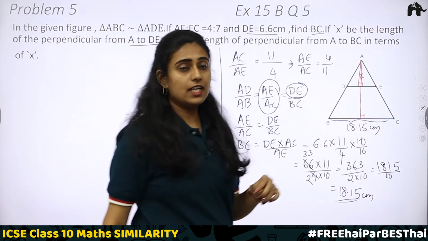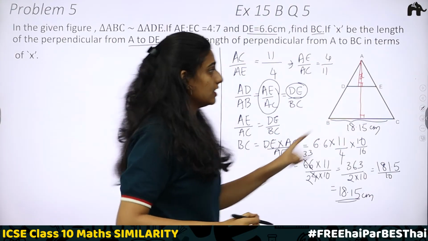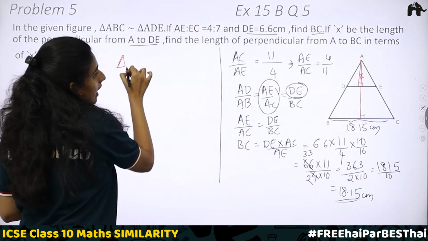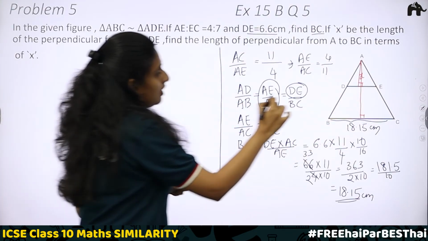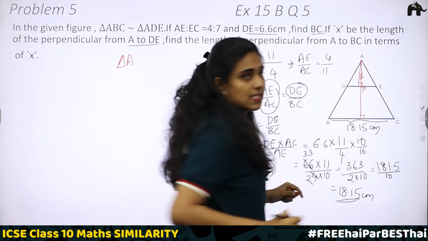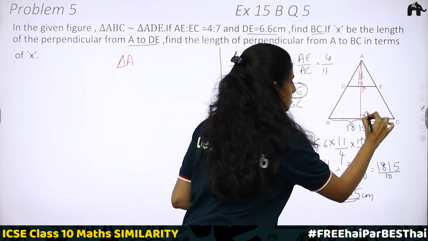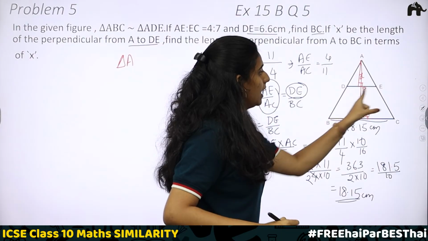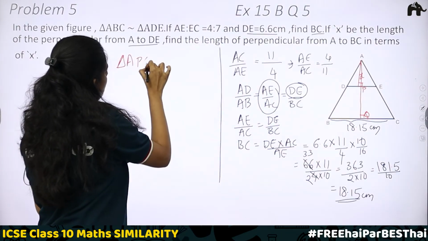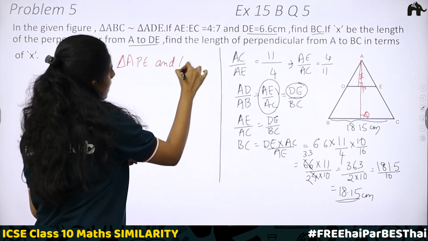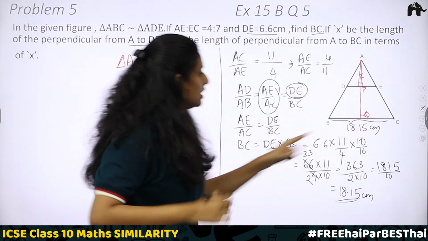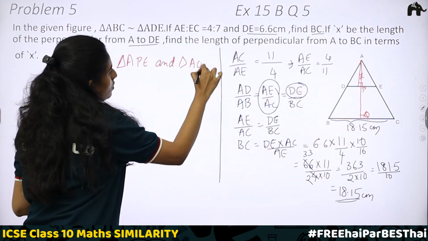Here we are going to consider two triangles. Let us put this point as P and this point as Q. So triangle APE and triangle AQC.